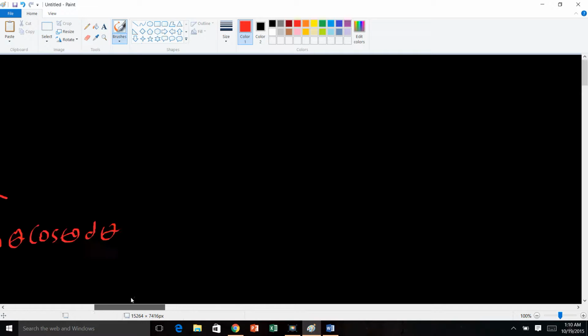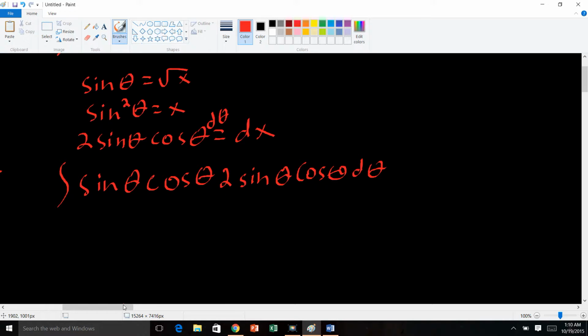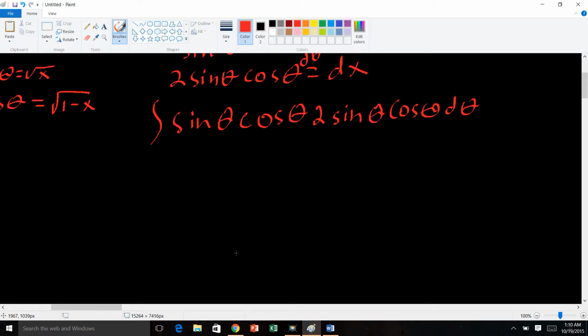Alright, so let's start grouping things together. Let's pull our 2 out: the integral of sine squared theta cosine squared theta d theta.